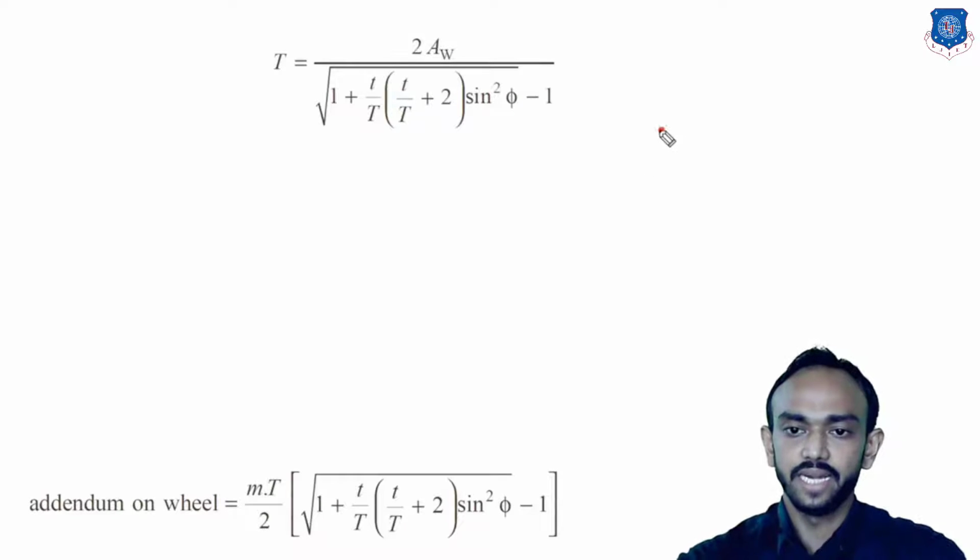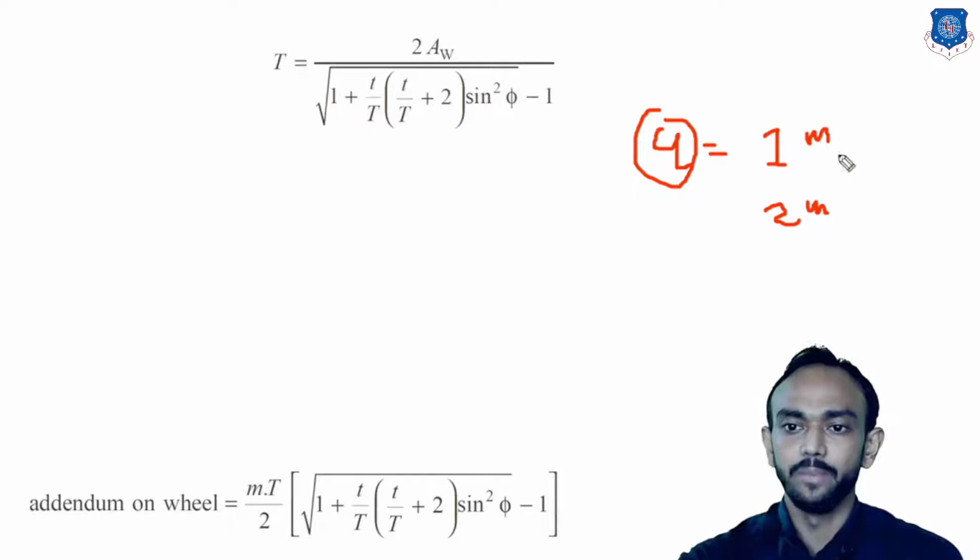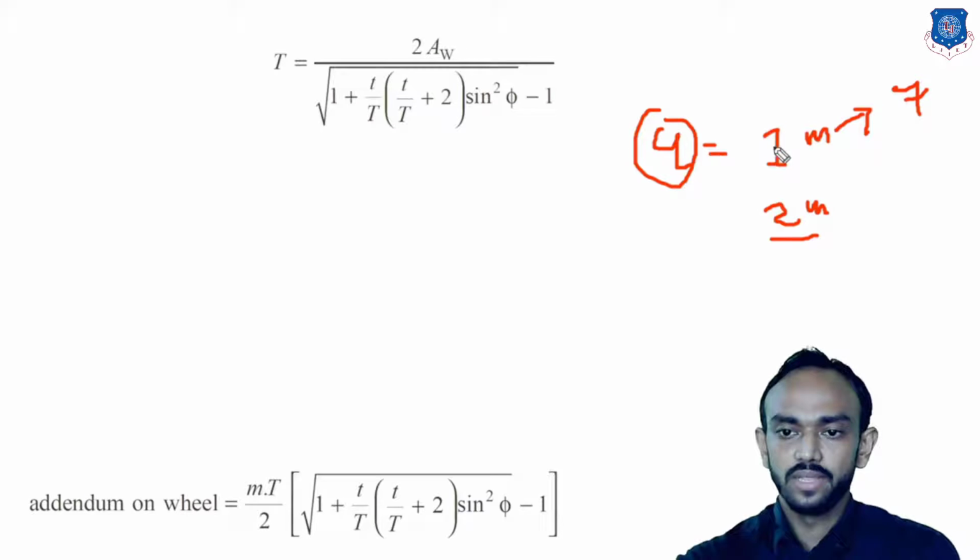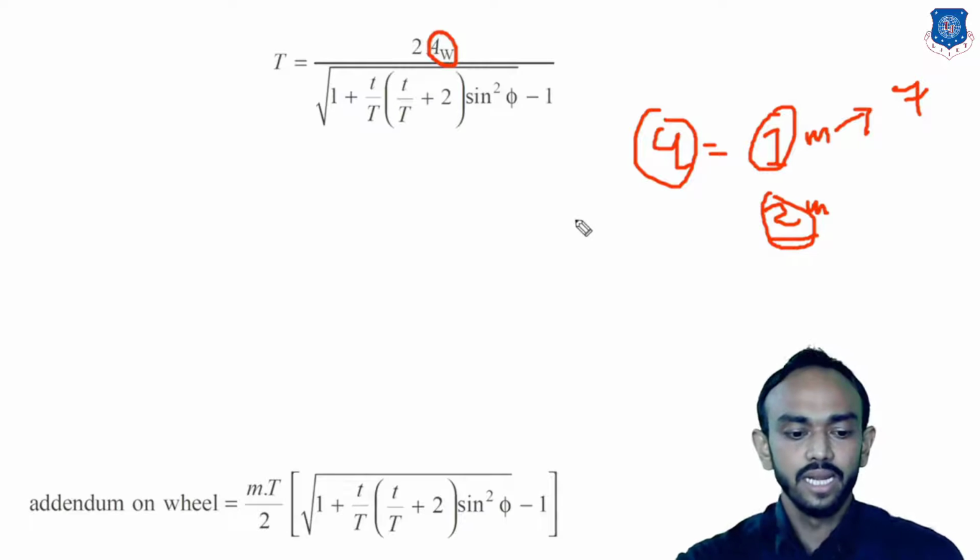Always this addendum is given in the form of the module. If A is given as 1 module or 2 module, the answer for the addendum depends upon the module. If the module is 7, then our addendum is equal to 7, or in the other case 14. So this fraction is what we have assumed as capital AW. Remember that, capital AW.